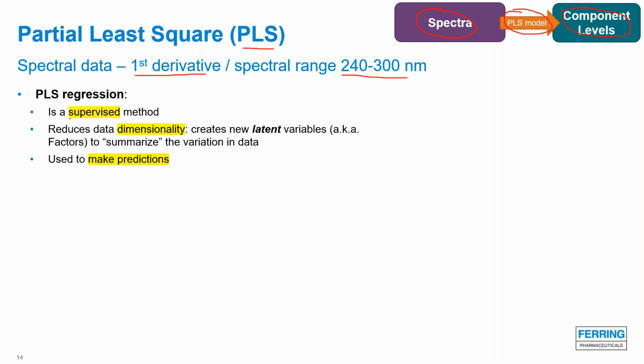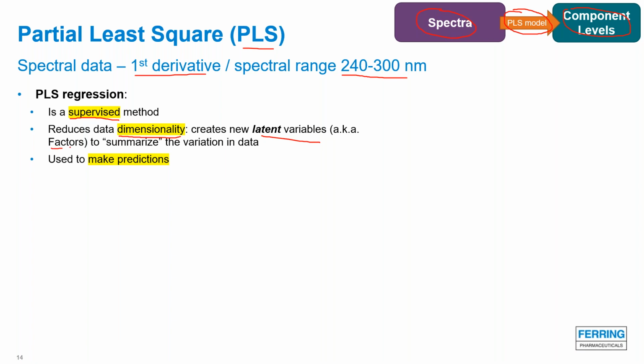So PLS, unlike the PCA, is called a supervised method. Why? Because we are putting in the model, while we are training it, both the spectral data and the component levels. So we are putting a target in a way. It is also based on reduction of dimensionality, so we will create latent variables.